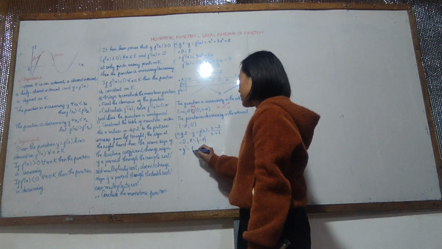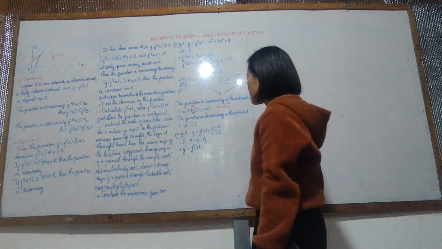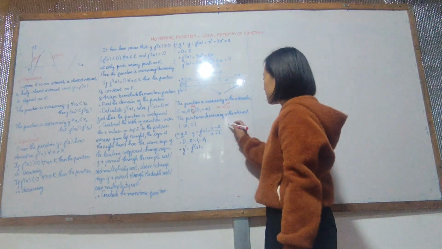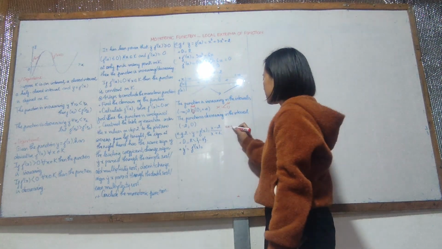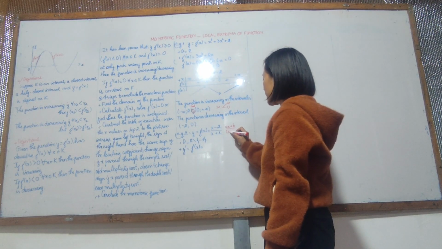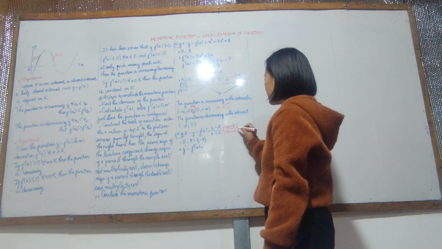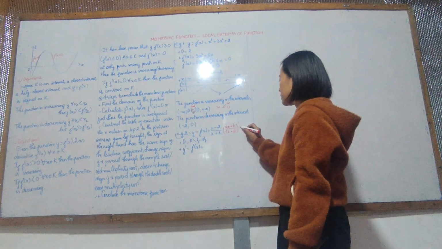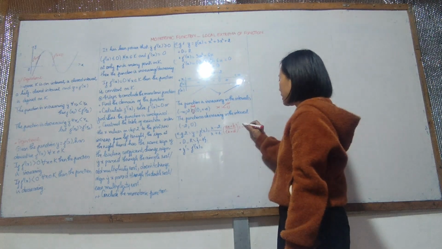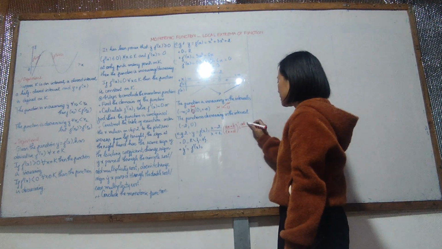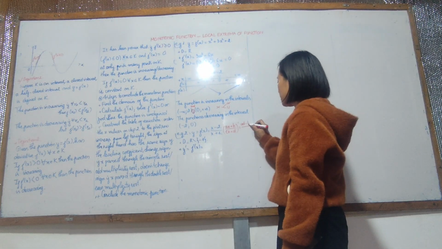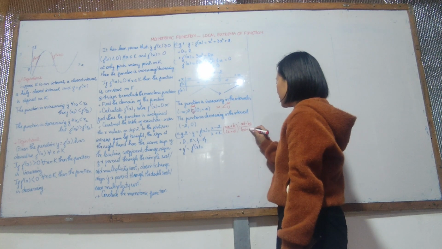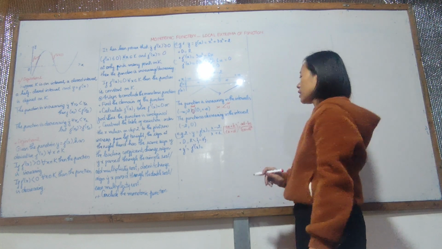The derivative f prime of x equals, we can use the fast formula for (ax plus b) over (cx plus d). If we want to find the derivative, we use this formula: a multiplied by d minus b times c, over (cx plus d) all of this squared.